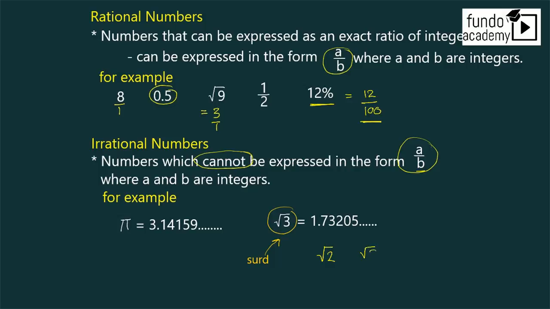The square root of 9 is not a surd. Why? Because it can be simplified to give us 3. So the square root of 9 is not an irrational number, it's not a surd. But with the square root of 2, if you punch it in your calculator, you find non-terminating decimals which continue unto infinity. So these are what we call surds, irrational numbers.